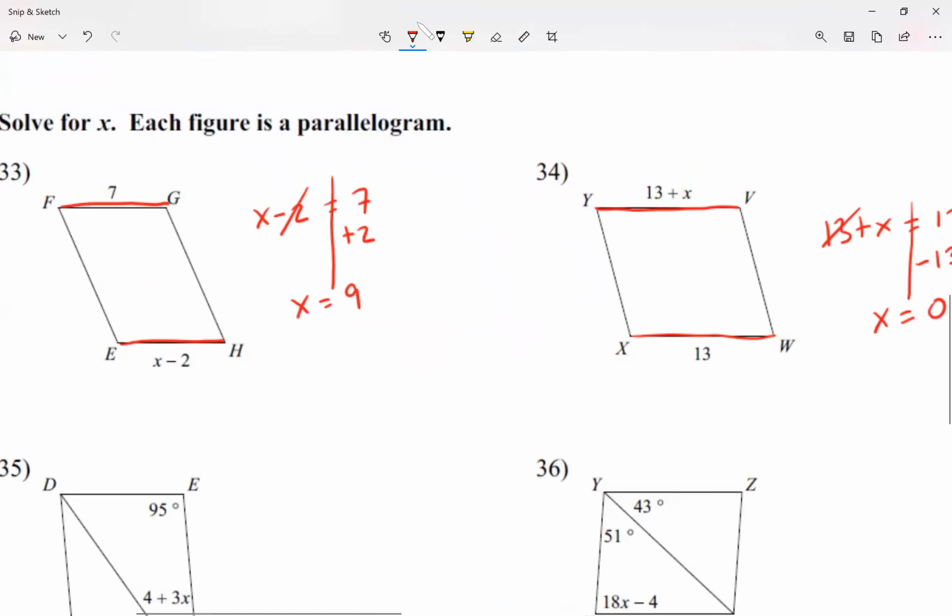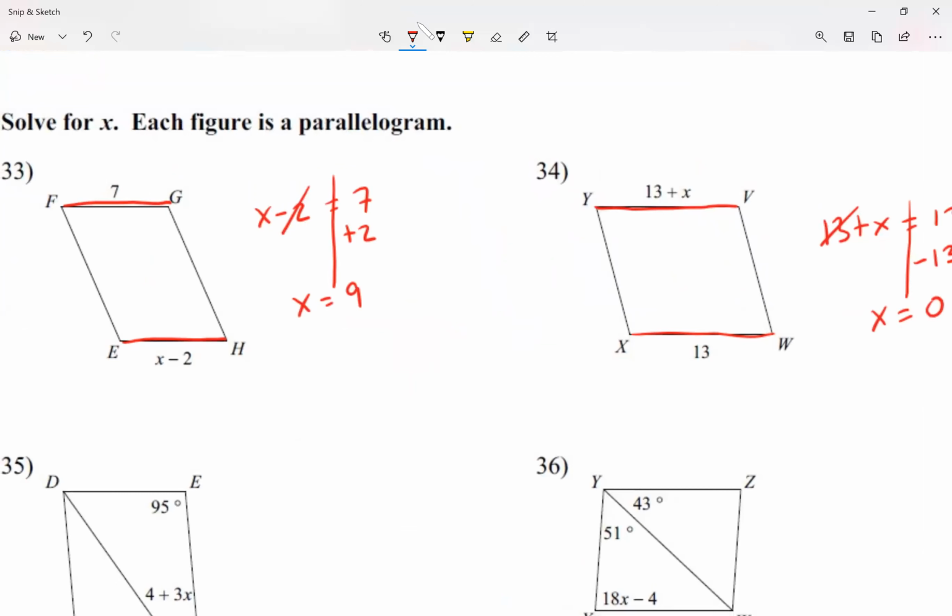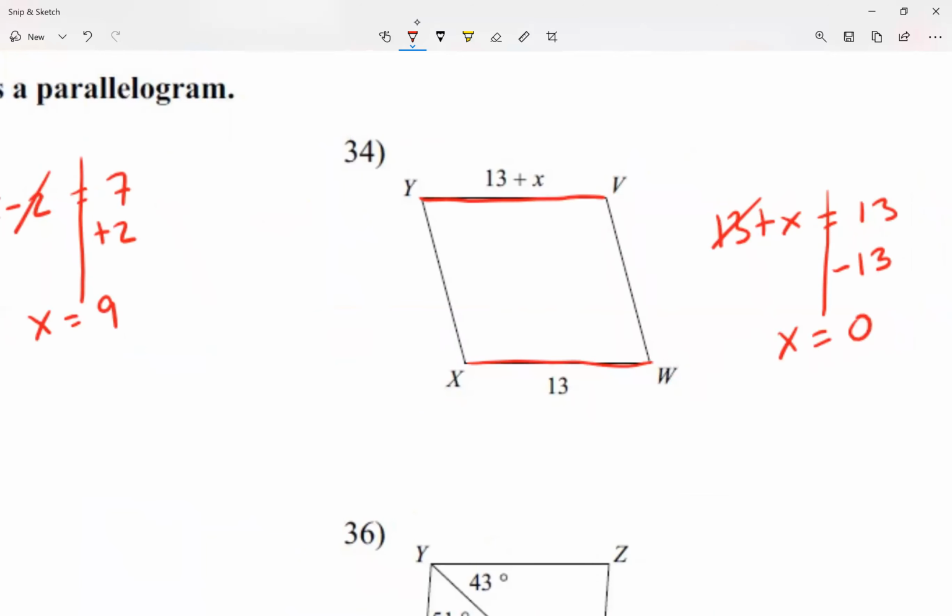By coincidence, in our examples, they were both sides. But in your homework, you're going to be dealing with some angles. Just remember, opposite angles. So looking at number 34, I could have given you, let's say this one right here, let's call it 85. And then in here, to solve for another letter, I could call this y plus 1. That way you're going to solve for y.